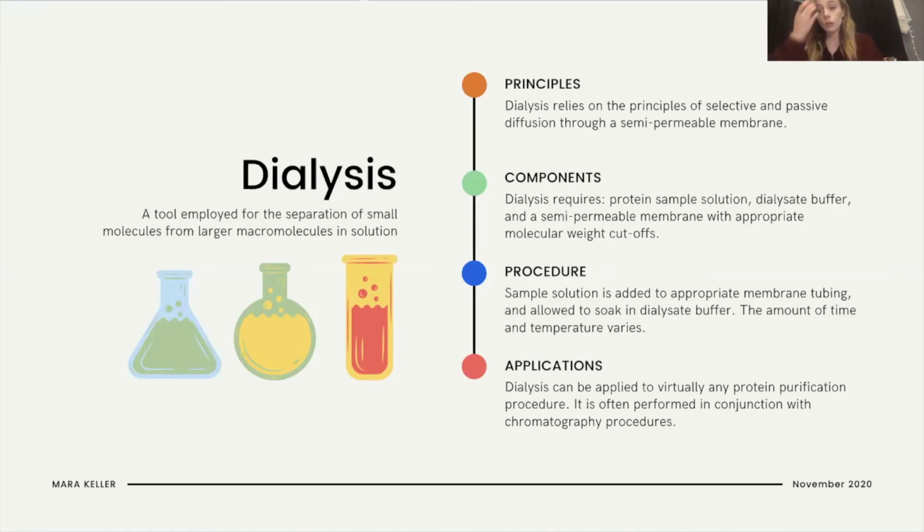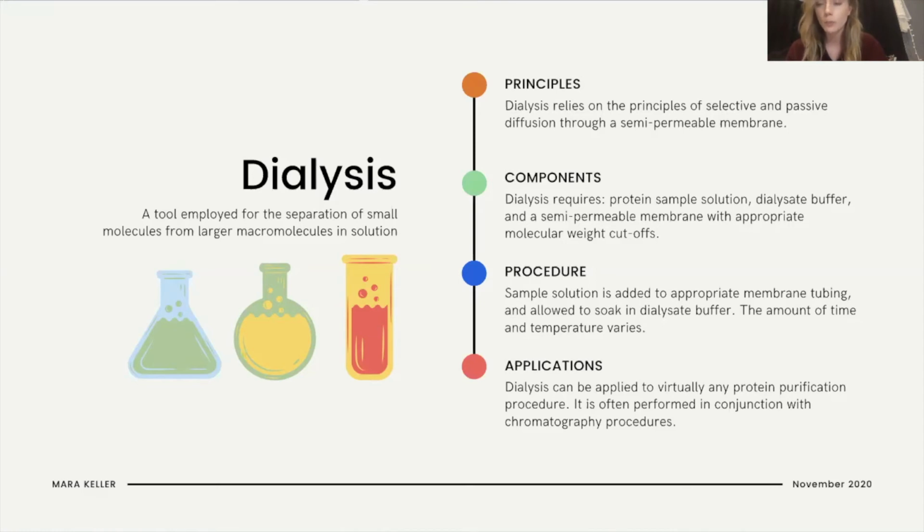And also with that, people can do dialysis procedures over and over again. They can be done in conjunction with other procedures because they're very simple. And the temperature at which a dialysis procedure is performed is also very much dependent on the protein of interest.